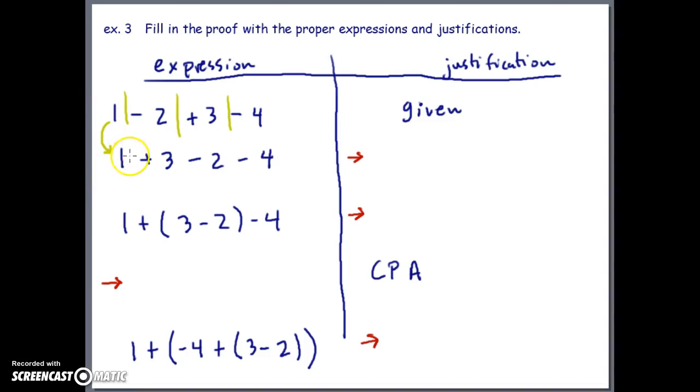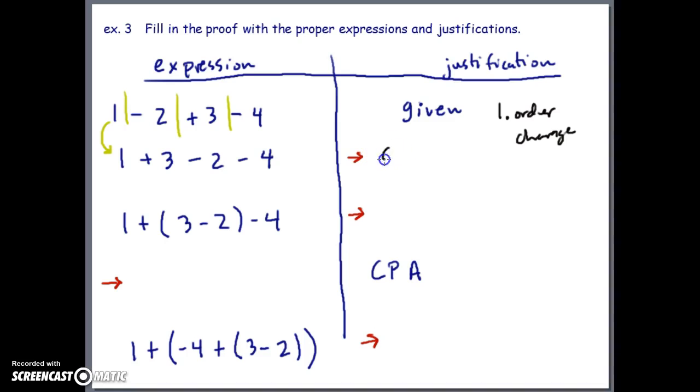First we're going to look at the order, the physical order that they come in. That's the first thing we're going to try to identify. Did the order change? Because if the order changes, then we know it's the commutative property of addition. So we have 1, that order hasn't changed, and now you can already see the order of the second term has changed, and the order of the third term has changed.